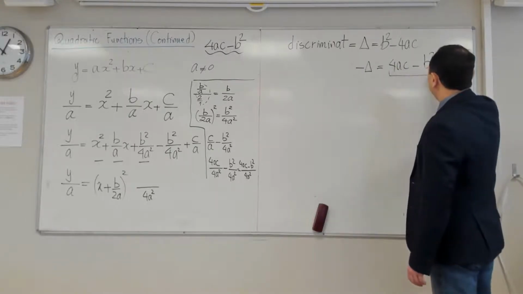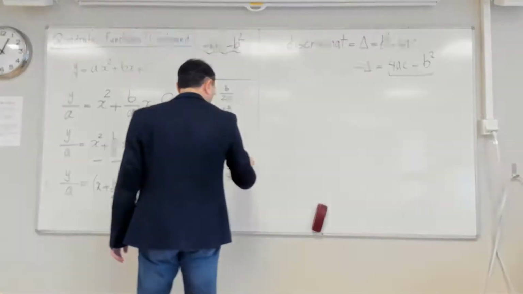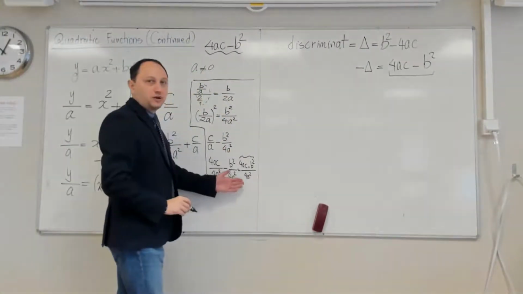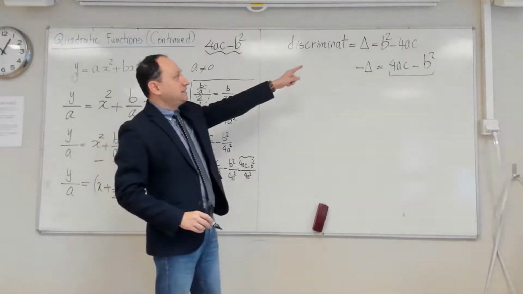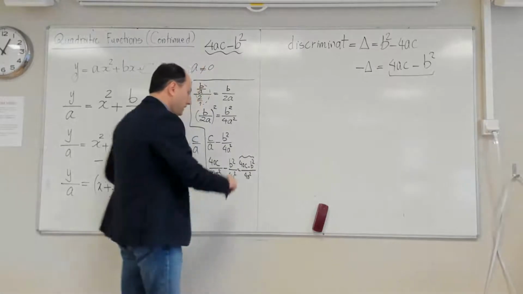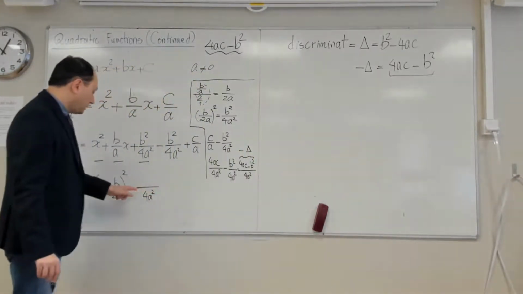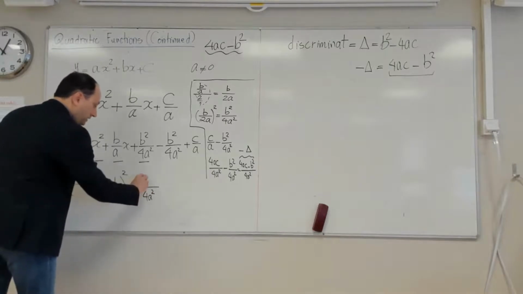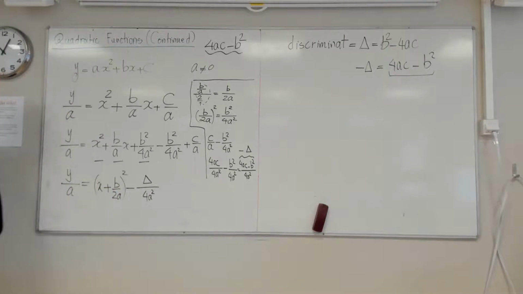And that is exactly the expression that appears there. Of course, I can work with this one, but I have already spent my energy to memorize delta, so let us use it. This becomes negative delta. So I put a negative delta here. That's it.